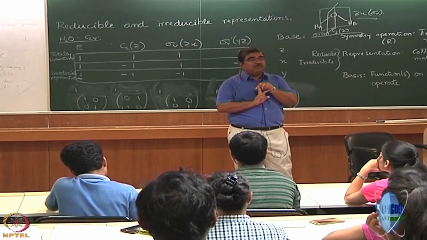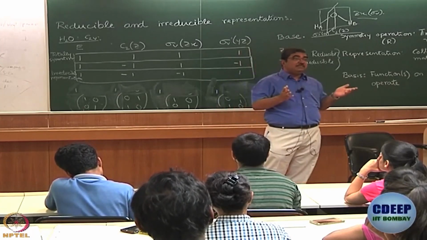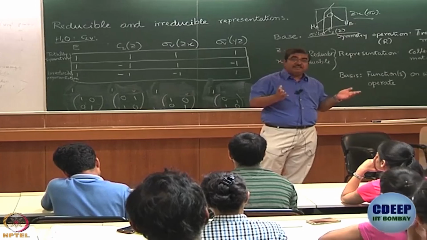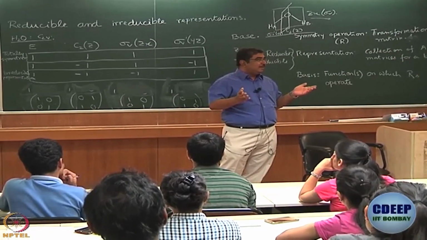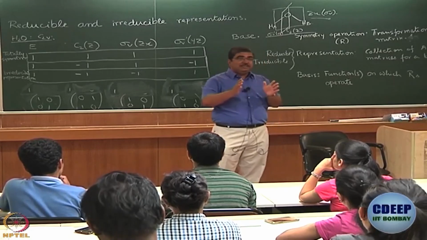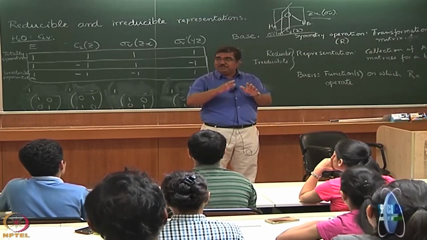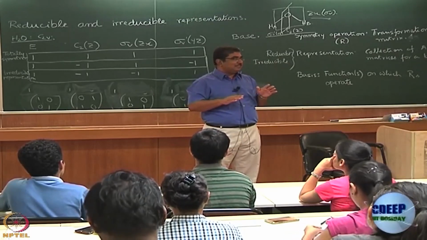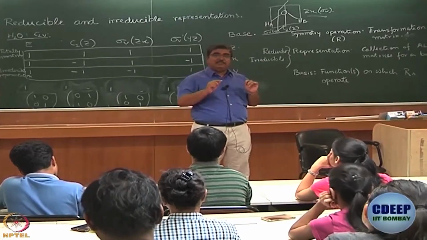Another question is, is the number of irreducible representations infinite or is it finite? So, essentially our questions can be roughly block factorized into these 2 questions, right. That is what we try to answer using group theory.